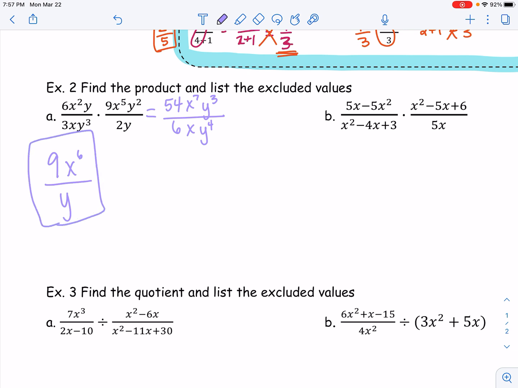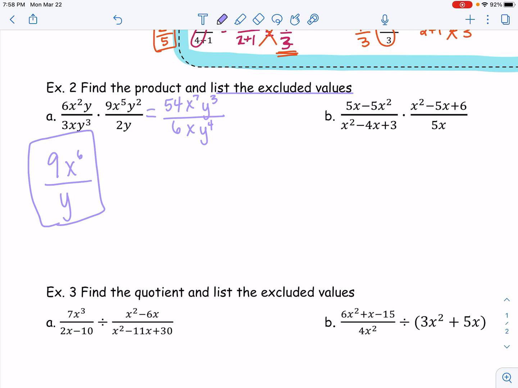Now there is an extra step here. Not only did we need to find the product, which we just did, we also want to list the excluded values. Okay, excluded values. You can never, ever have 0 in your denominator. Think about that undefined region, those vertical asymptotes, setting that denominator equal to 0. So anything that's in the denominator that would make the problem have 0 is going to be an excluded value.